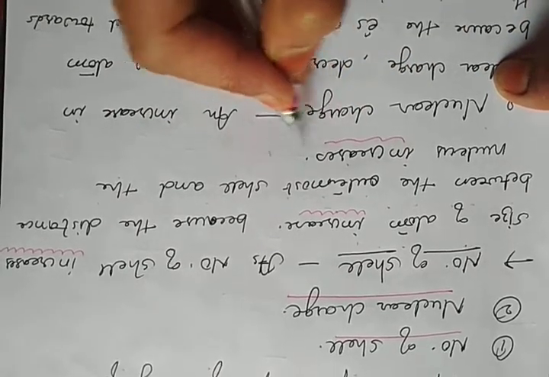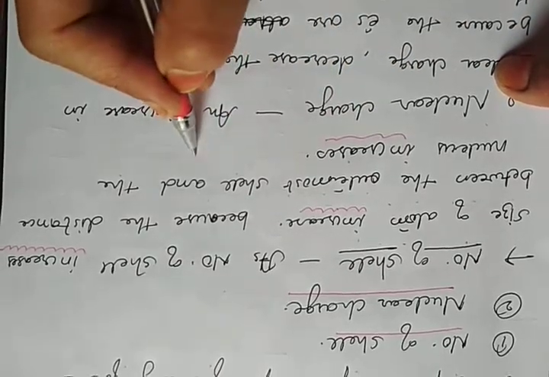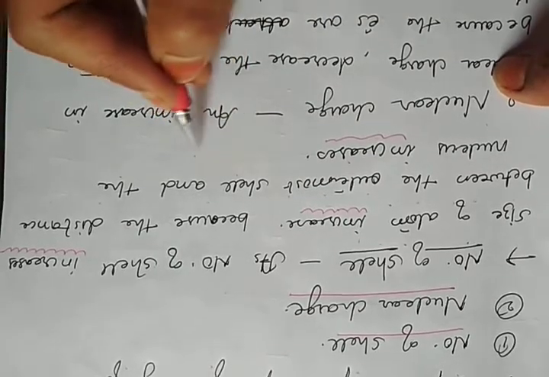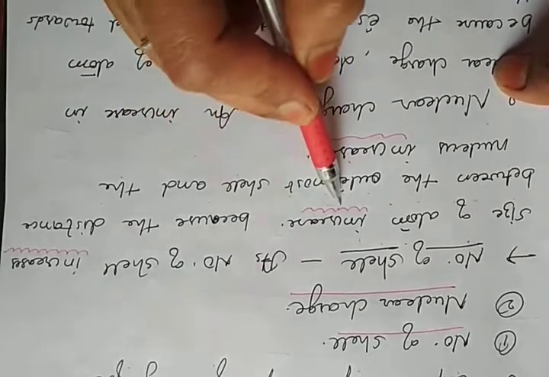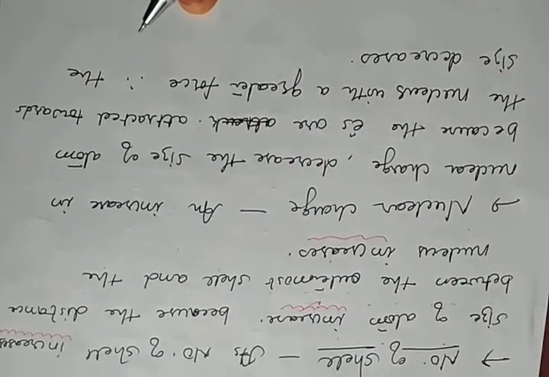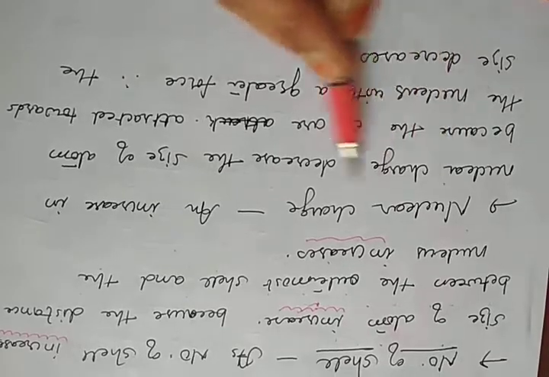As the distance between the nucleus and the last shell increases due to more shells, the atomic size also increases.